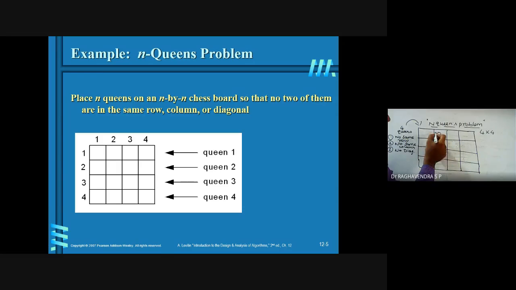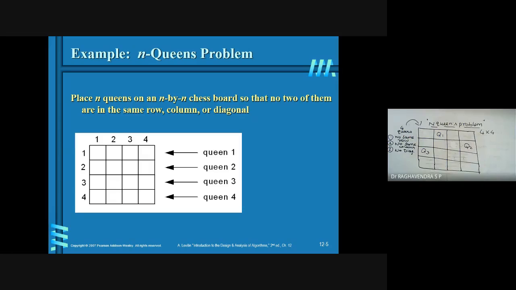Can I insert here? Once again there is a diagonal clash, but I can insert queen 2 here because there is no clash. Now I have to insert queen 3. Can I insert here? Definitely it's possible because there is no diagonal, no column and no row clash.